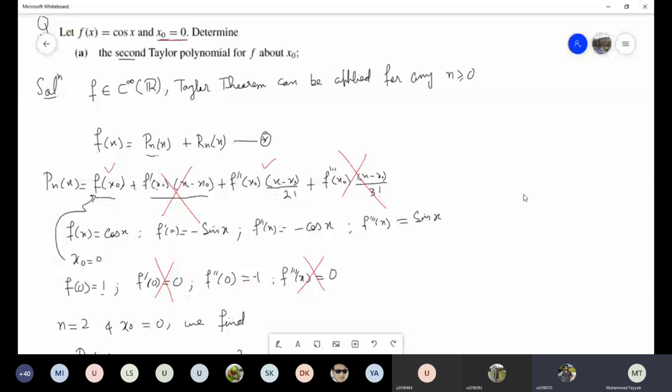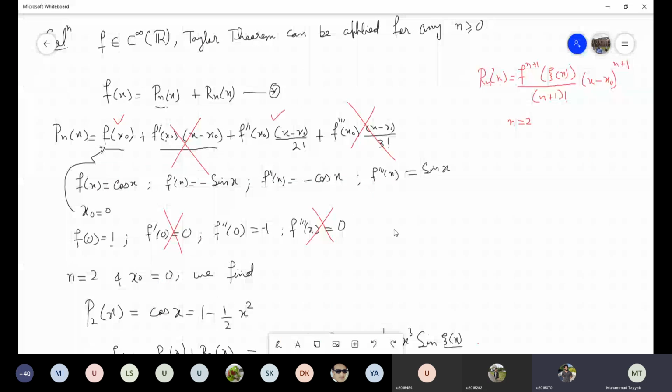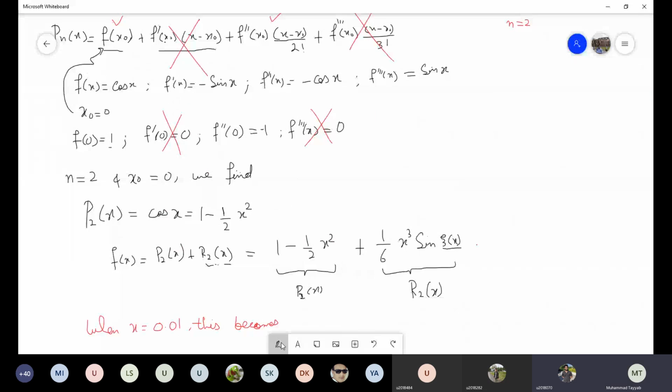Yes sir. Now let us go to the question. What did it say? Second Taylor polynomial. So n is equal to 2, that is what we used. But the remainder says that this must be n plus 1.